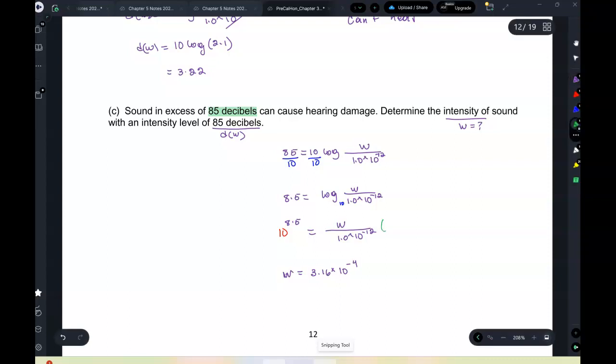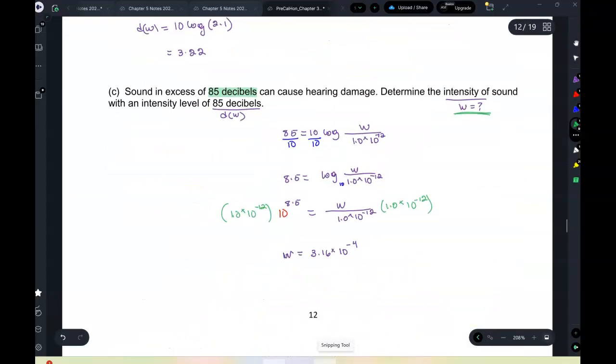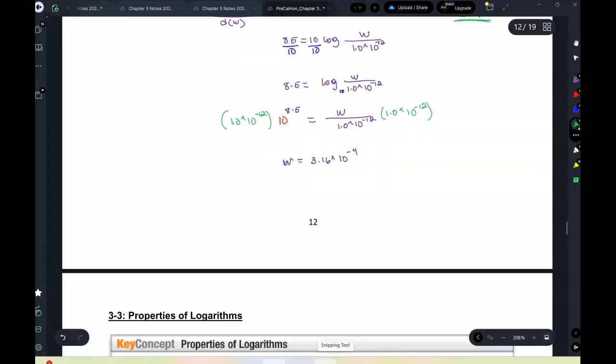So we multiply both sides by 1.0 times 10 to the negative 12, to find W. Okay, what is going to be the unit here? We already had decibels. We're looking for W, remember? Is it watts? Watts is energy, or power. So it has to be watts per square meter.